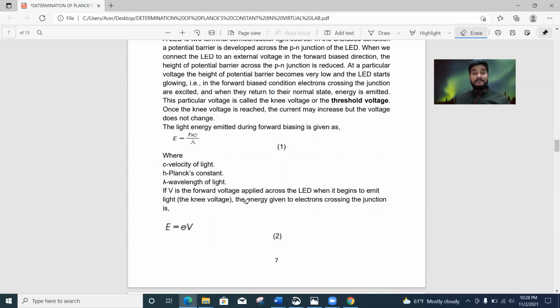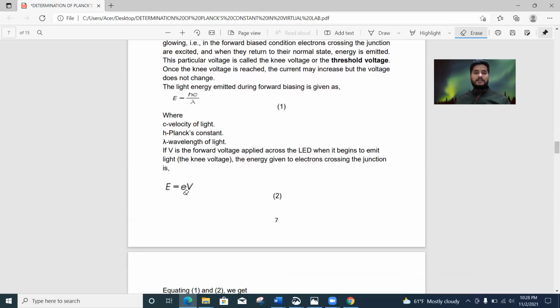When the bulb glows, the electrons return to their original state and emit their corresponding energy. The energy given to the electron across the junction is given by E = eV.